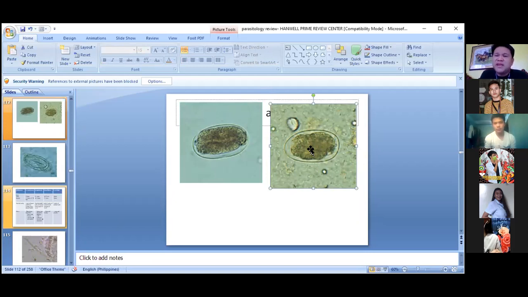Now, several of my medical students were asking, what if the medtech has reported a hookworm ova? Will it still matter that we will have to determine whether it is hookworm or Strongyloides? The answer is no. If you are not performing research, the moment they tell you it is a hookworm ova, then you treat the patient immediately.